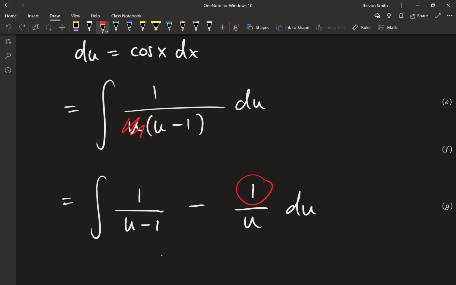I would cover up the u, plug in what would have made that 0, which in this case is u equals 0. And then I would end up with minus 1 as the answer. So use the cover up method to get to those answers relatively quickly.